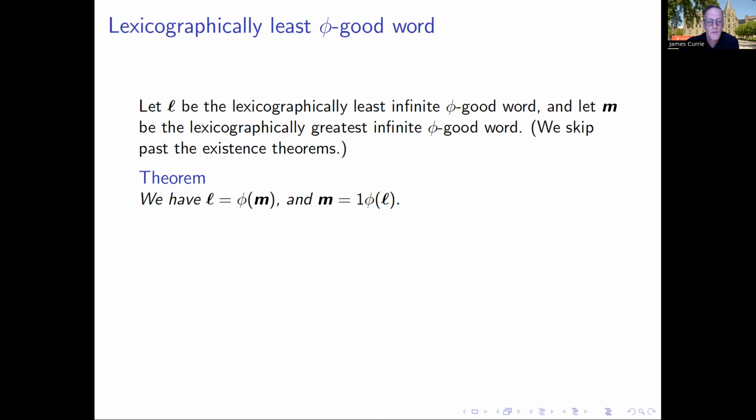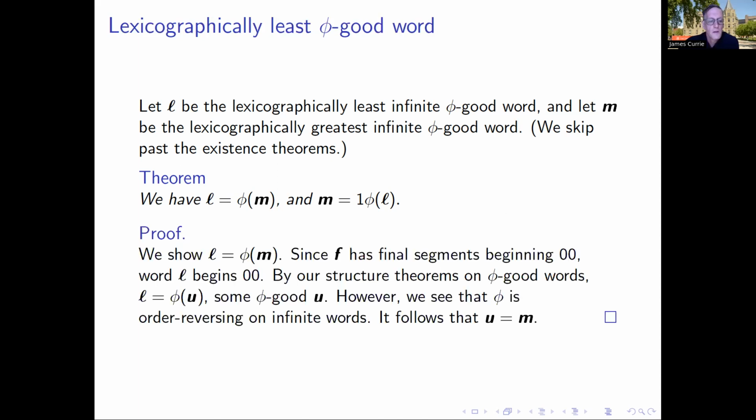So how would we prove this? Well, I'll show that L looks like phi of M. Now, the Fibonacci word is phi good, and it has final segments which begin with 0, 0. So there are infinite phi good words beginning with 0, 0.